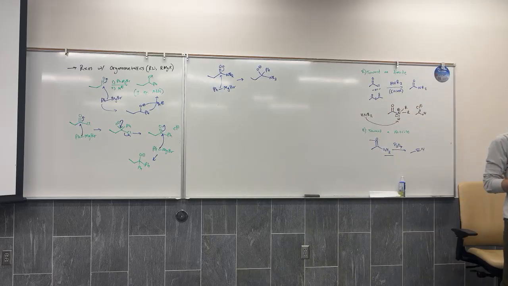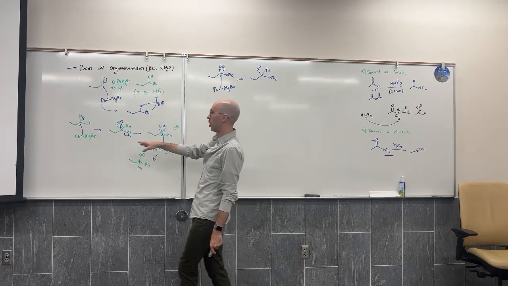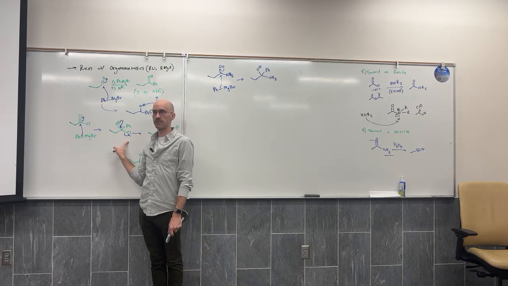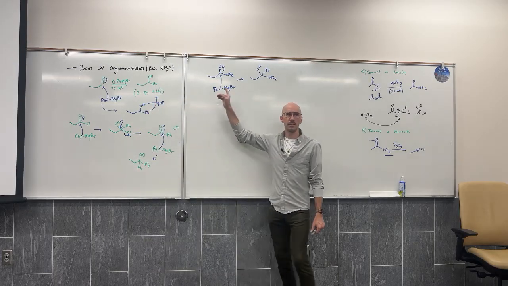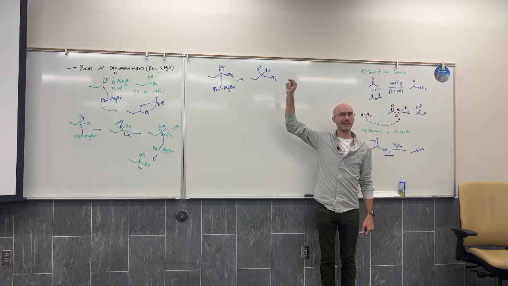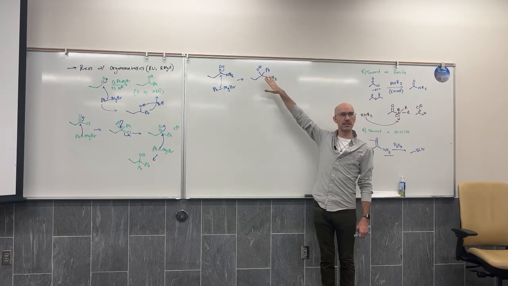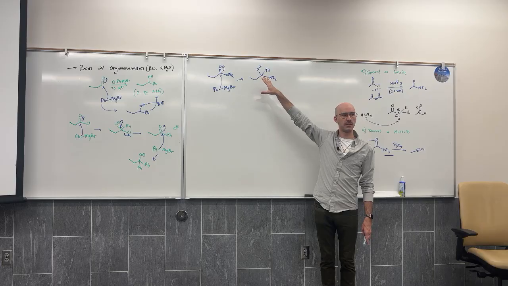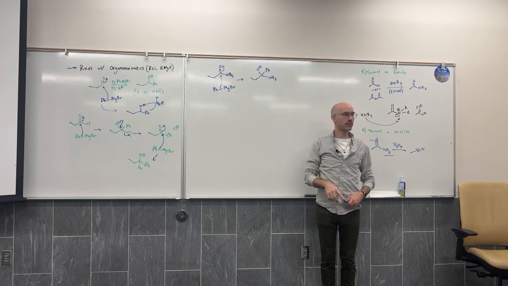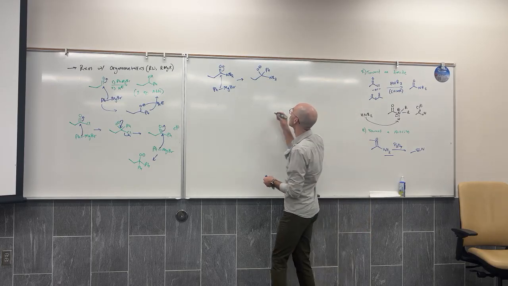The carbon-nitrogen bond is too strong. The carbon-nitrogen bond won't break off. The carbon-chlorine bond left because it was a weak bond. But here the carbon-nitrogen bond won't react. So this is as far as it goes. It stops here. And then we introduce acidic conditions.